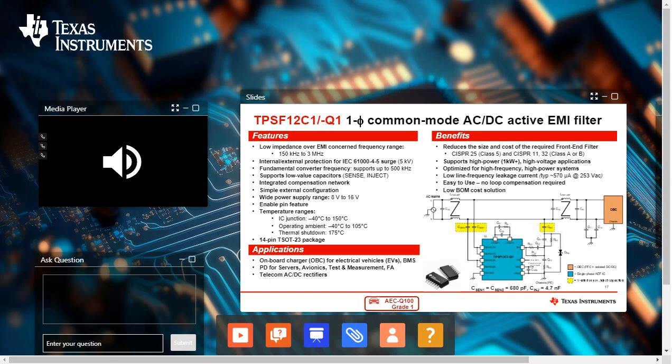In addition to the three-phase IC, we also have released the one-phase TPSF 12C1 for power levels from less than 1 kilowatt to 10 kilowatts. The one and three-phase ICs are in the 14-pin TSOT23 package and are pin-to-pin compatible with each other.